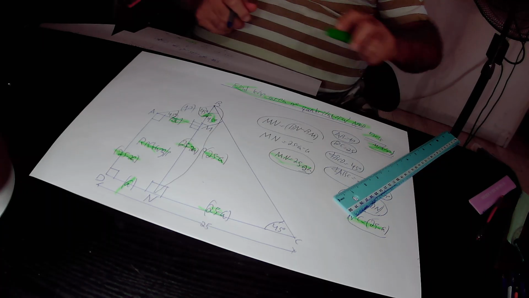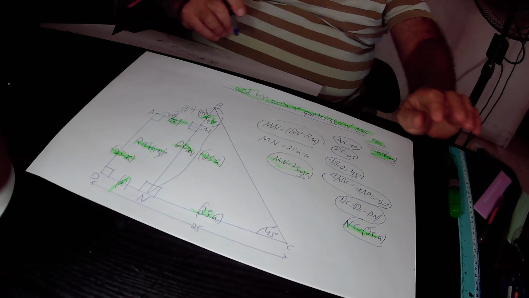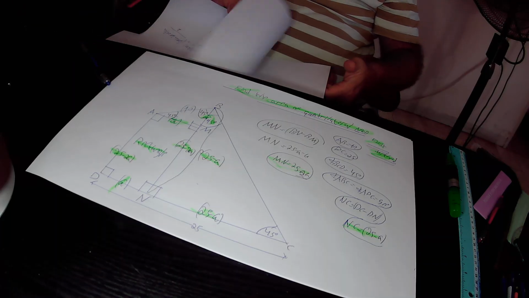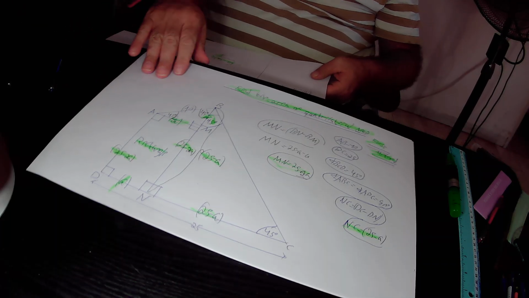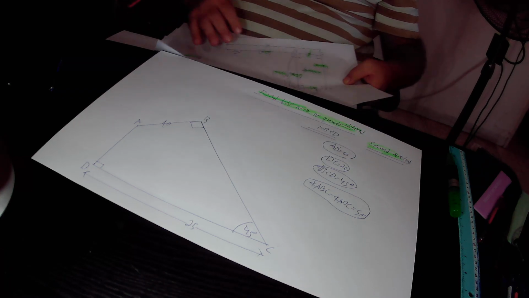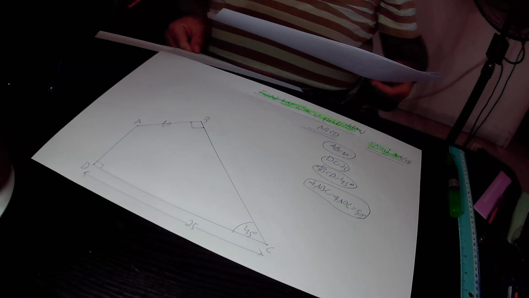In the next step, I present to you how to find out the area of this quadrilateral ABCD according to the second method. In the second method, we will do a construction.